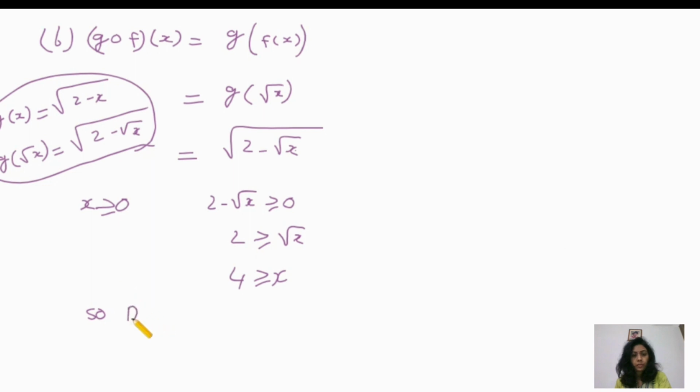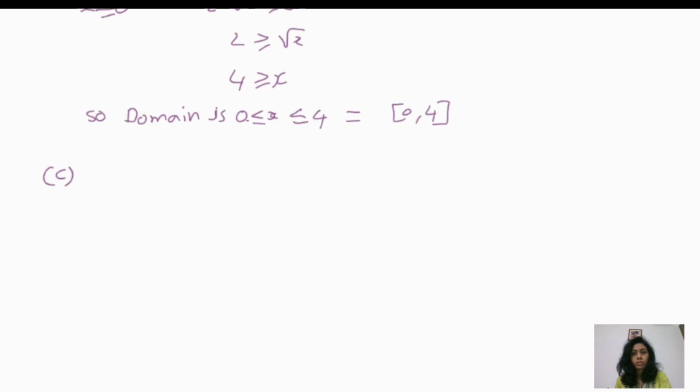So x is between 0 and 4, and 0 and 4 are both included. Or we can write it like this, the closed interval from 0 to 4. So this is our domain.